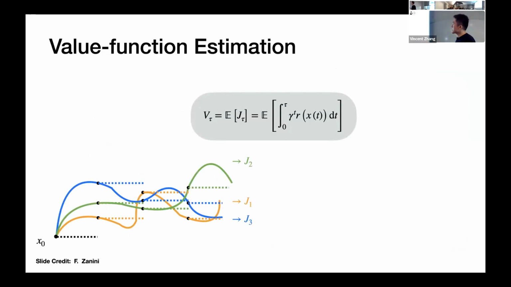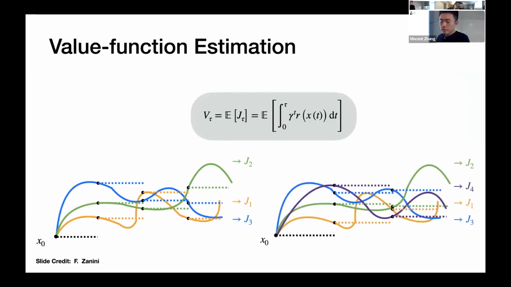So the trajectory is going to look like this. You always run from x0 equals 0, and each time you take a rollout of the same policy, it's going to give you different trajectories because of the noise. And that's what the expectation is with respect to.